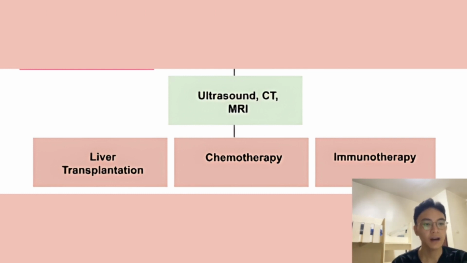Next, we have the use of medication to kill cancer cells or slow their growth, which is chemotherapy. However, chemotherapy is not typically the first-line treatment for liver cancer. It is often used in advanced stages of the disease, which is different from the early stages of liver cancer, when surgery, liver transplantation, or local ablative therapies are not feasible.